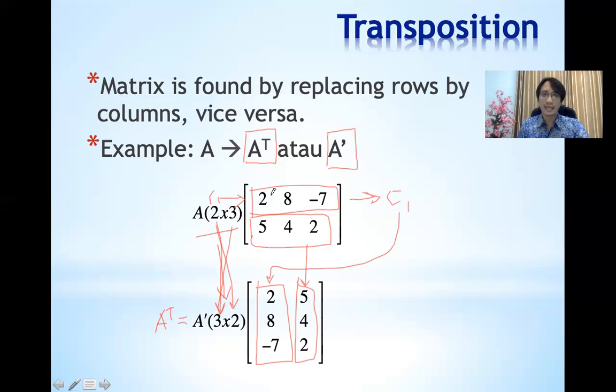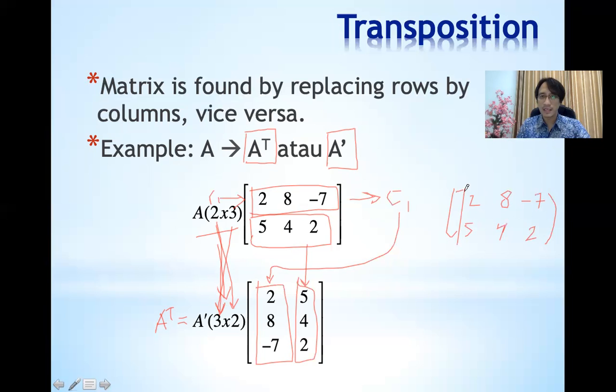Or if we see from another perspective, from the column side, we have 2, 8, minus 7 and 5, 4, 2.